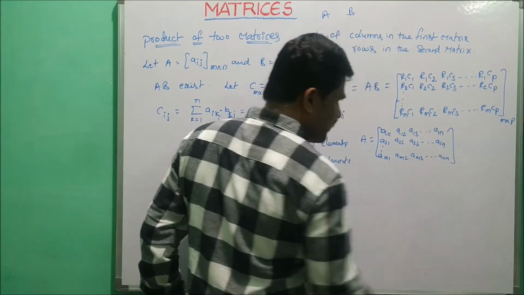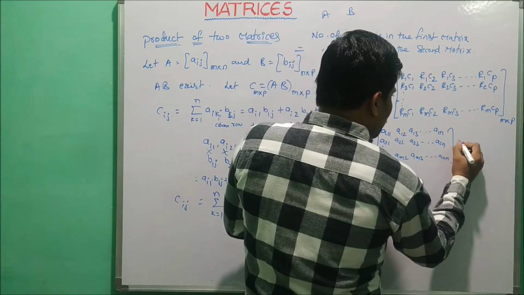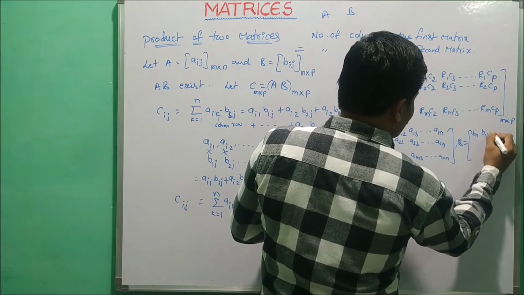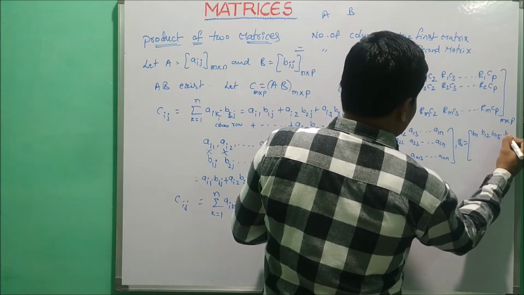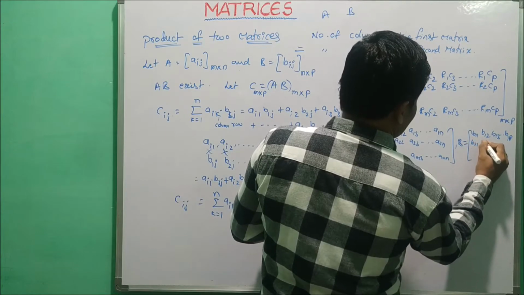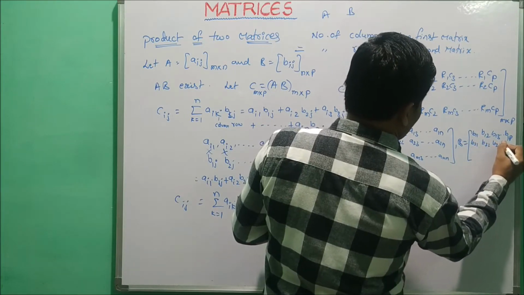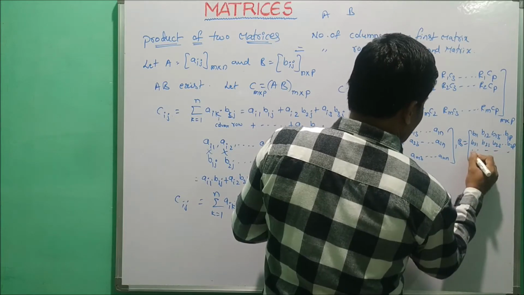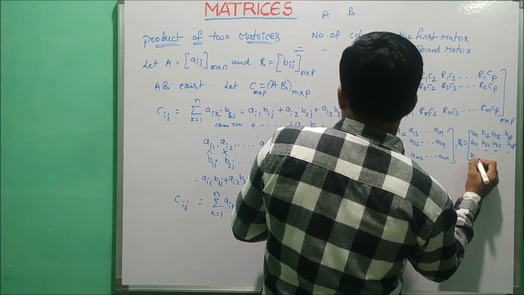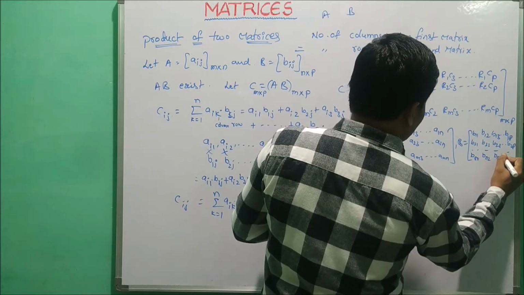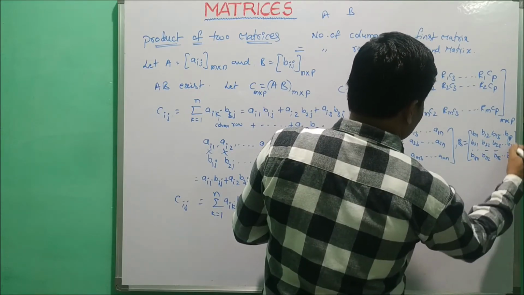This is the matrix A. Similarly, the matrix B can be written as B11, B12, B13 and so on, B1p; B21, B22, B23 and so on, B2p; and so on, Bn1, Bn2, Bn3 and so on, Bnp.